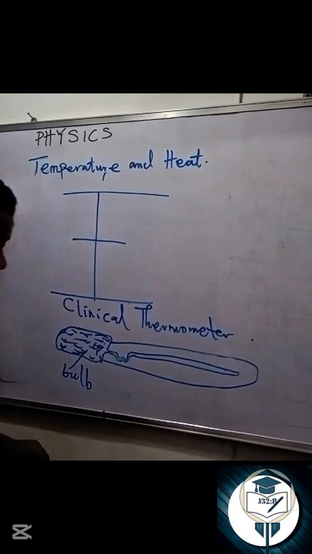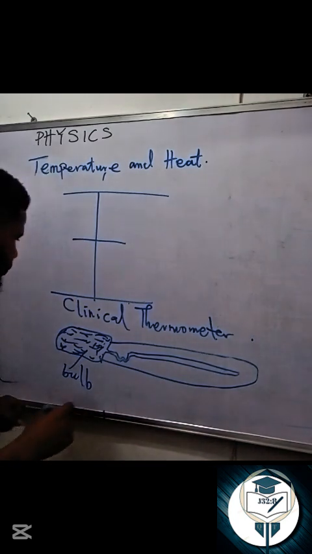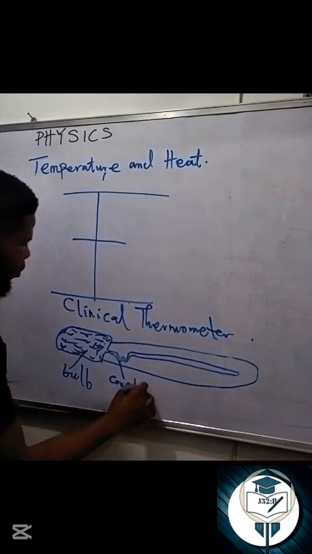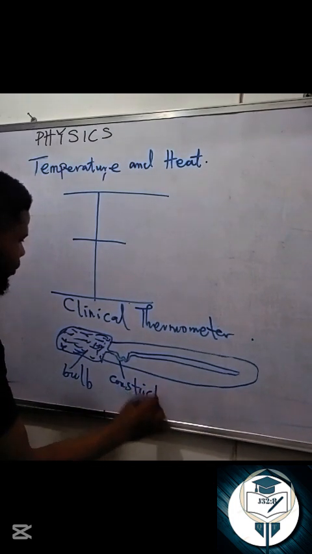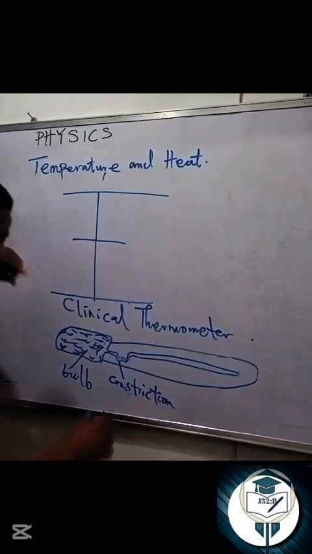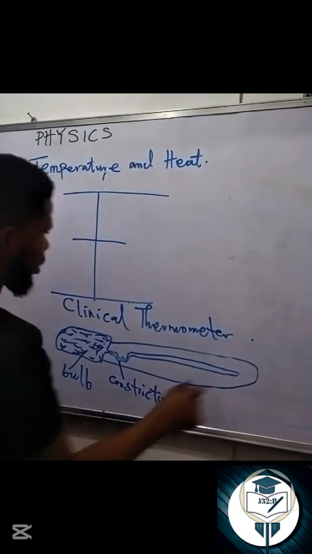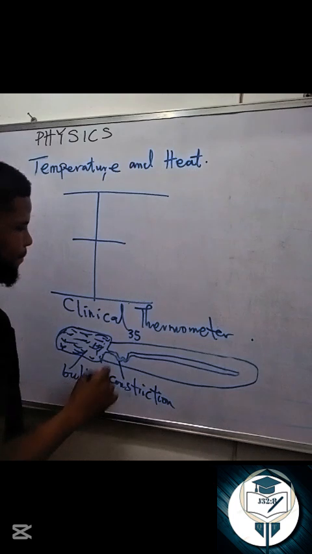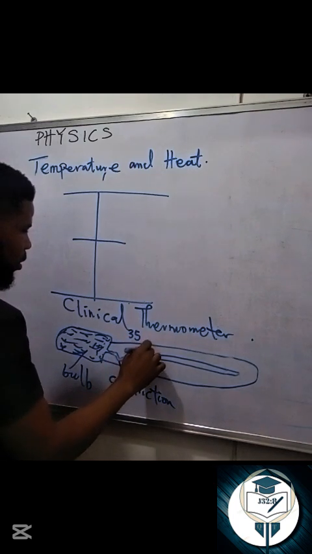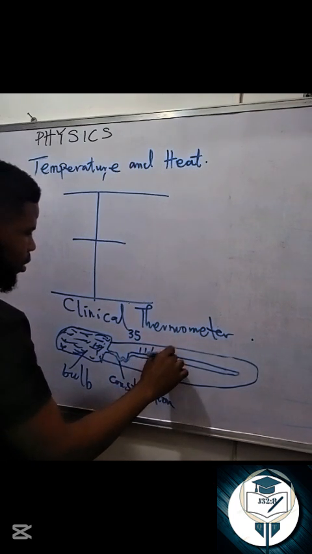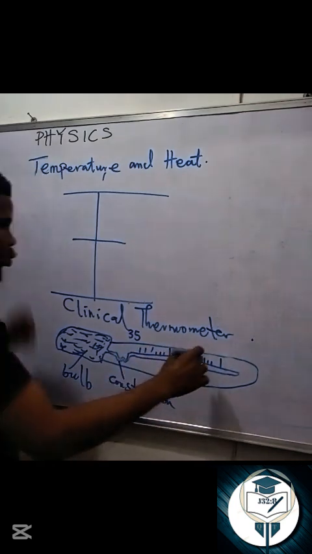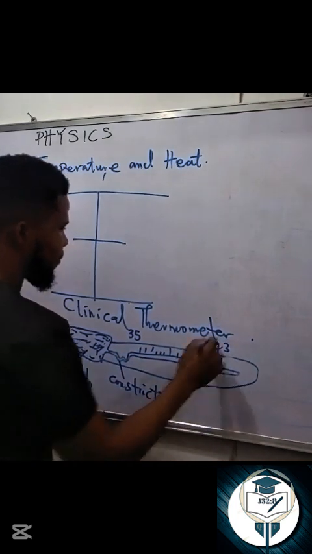You can see that it is clear. Now this is the constriction. You can see the graduation. The graduation starts from 35 to 43.